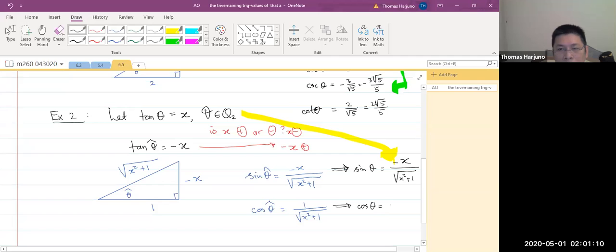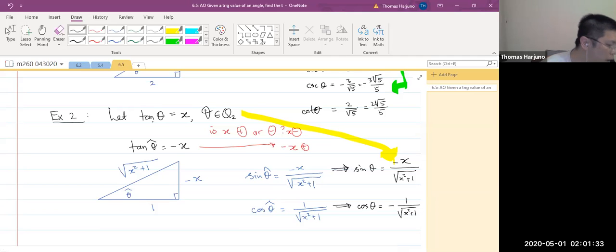Cosine theta will be negative 1 over the square root of x squared plus 1. Now once I have sine, cosine, and given tangent, we can get the other three: secant, cosecant, cotangent. That's where I will stop here.